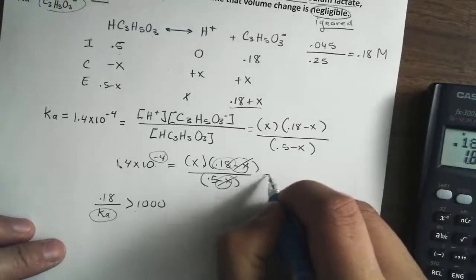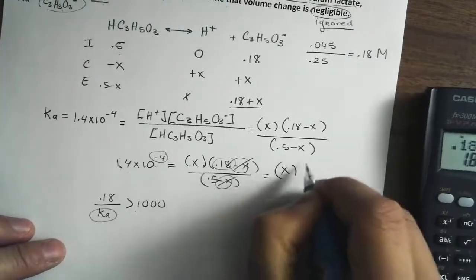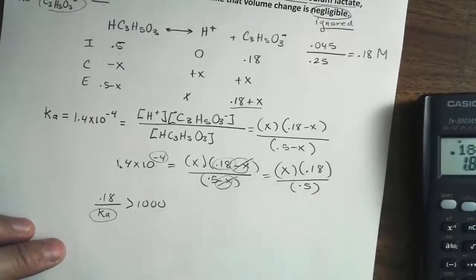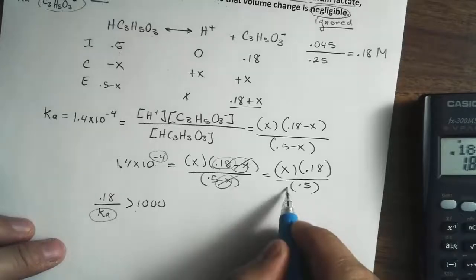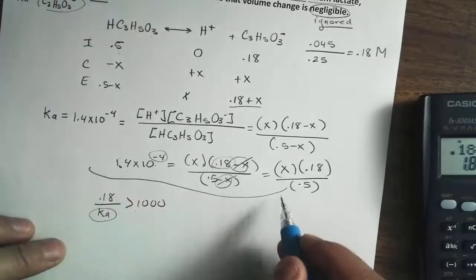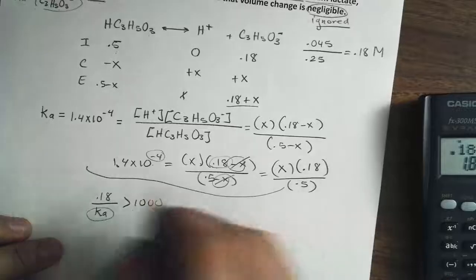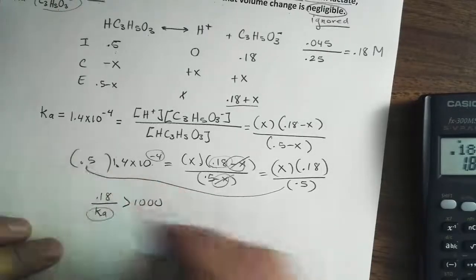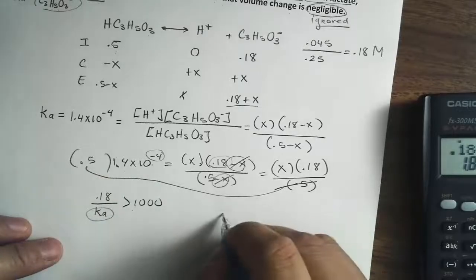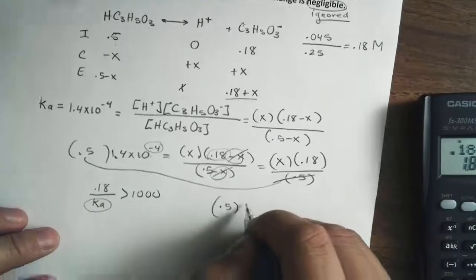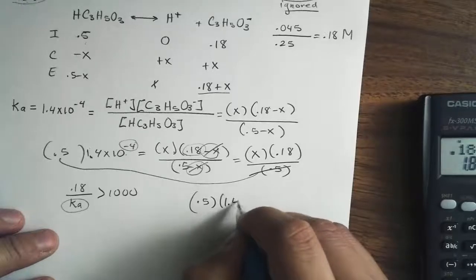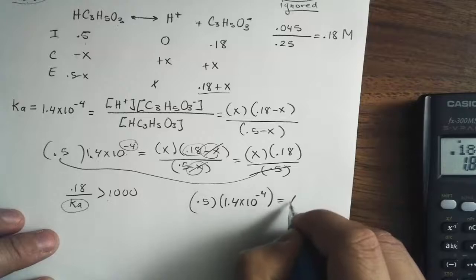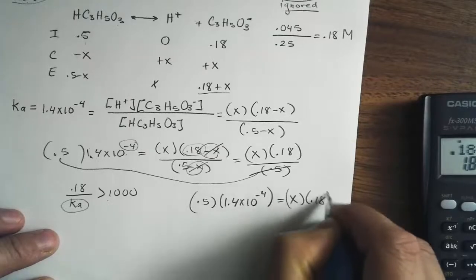If we ignore the x, don't we just have x times 0.18 divided by 0.5? That's pretty easy. All we have to do is bring that 0.5 over, so we have multiplied by 0.5, and we can just ignore that part. So we have 0.5 times the Ka, which is 1.4 times 10 to the negative 4, equal to x times 0.18.